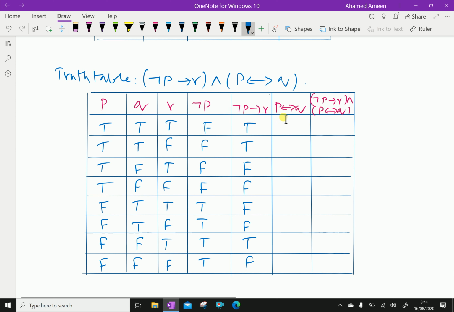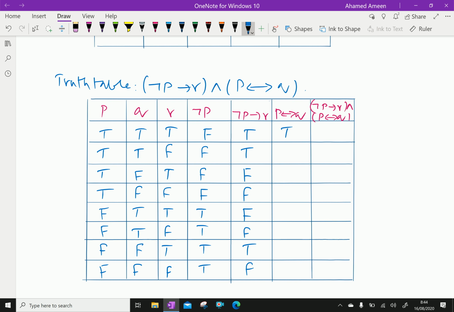Then next is P if and only if Q. Here we consider P and Q: true and true, true. Here also true and true, true; true and false is false.